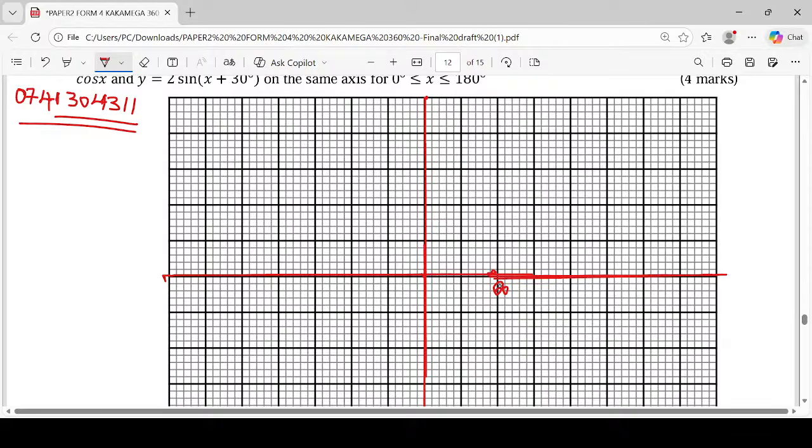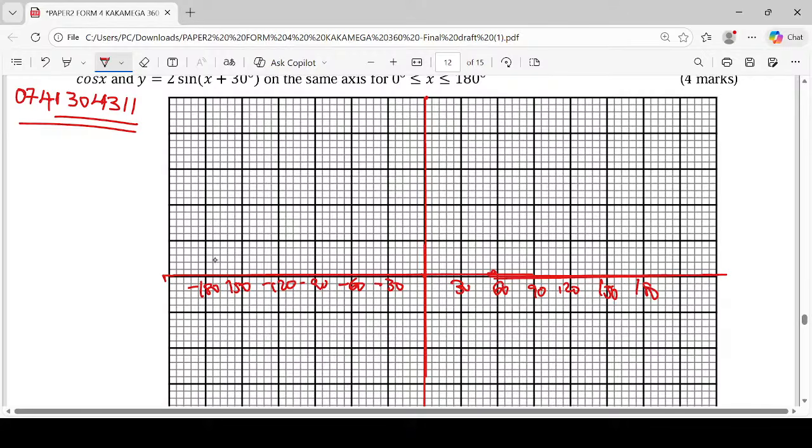Let me have 30, 60, 90, 120, 150, 180, then negative 30, negative 60, negative 90, negative 120, negative 150, negative 180.